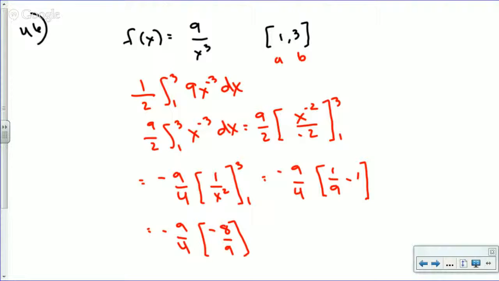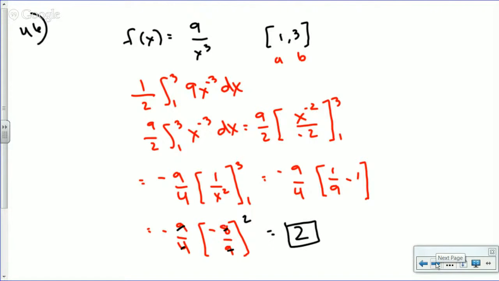Okay, and now we can reduce 9 and 9, 1 and 2, and I have 2 negatives, so that's positive. So my average value is 2. Okay, and again, I want you to stop there. You don't need to find the x values for which that's true.